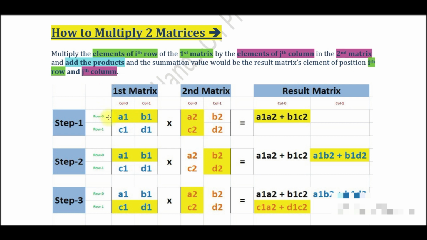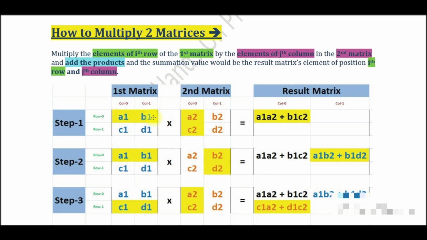So if I multiply and add the products for row 0 and column 0, that means my ith position is 0 and jth position is 0. So the result will be 0 0. I is 0, j is 0, and 0 0 is nothing but this one. This is row 0 and column 0, right? And how we make the addition of products is something like this: a1 with a2, then plus b1 c2.